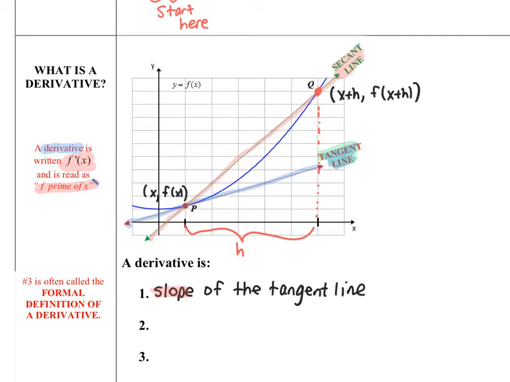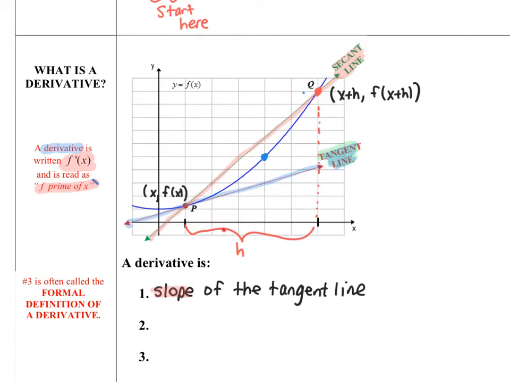So what I'm going to do is take point Q and I'm going to move it a little bit closer to point P. I'm just going to take point Q and I'm going to move it to the left, get it a little bit closer to point P, and relocate it right here. So really all I've done is this distance H, I just made that up.